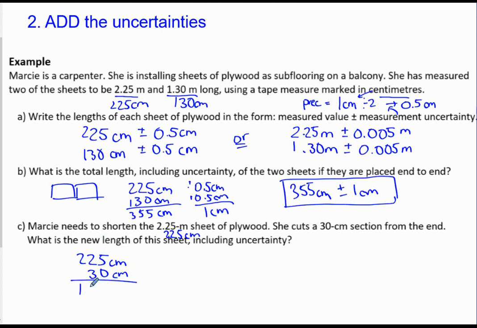So she's left with 195 centimeters, but there is some uncertainty there. So sure, I took this, but I'm not sure if it was exactly 225 centimeters long. It could be half a centimeter off either way. And I took off 30 centimeters using the same measuring device. So this one could be off as well. So I took off 30, but there is a margin of error there. There is an uncertainty. So same thing, I will add my uncertainties together since they both could be off.